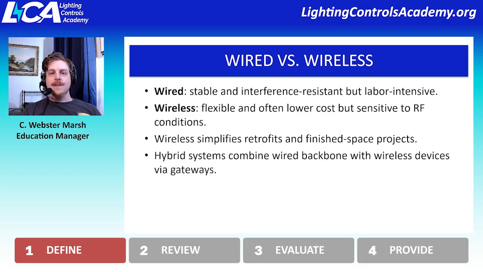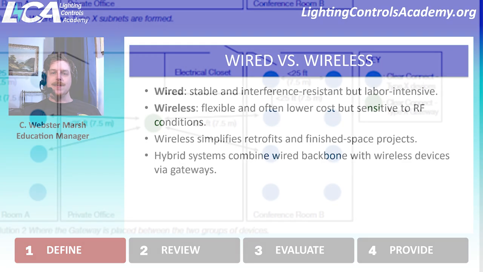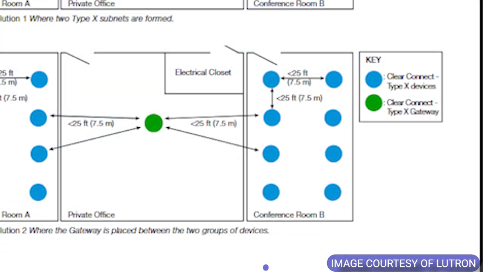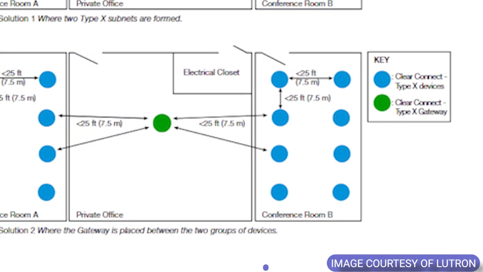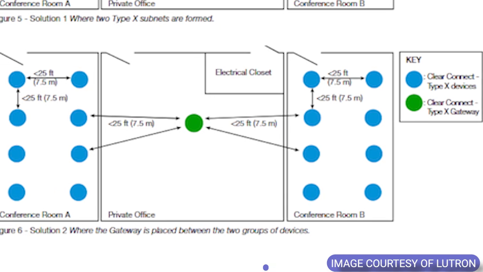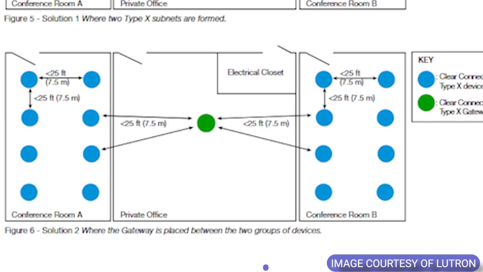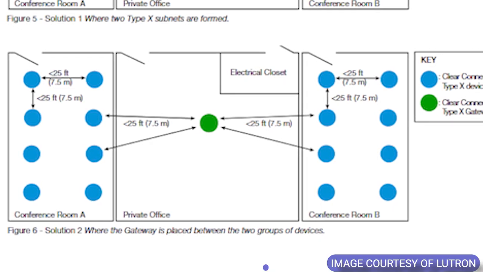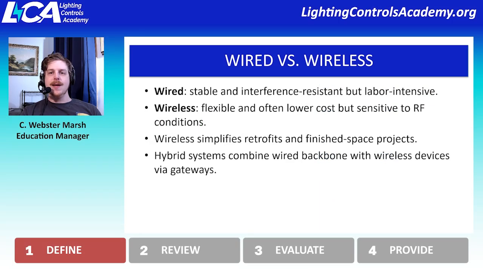Whereas it's oftentimes most recommended to consider using hybrid systems where we're combining both wired and wireless devices, oftentimes through a gateway of some kind. So you might have your corridor wired together on a wired system, and then you have adjunct spaces like a janitor's closet or back of house space of some kind, a restroom, that you don't necessarily need to have communicating back to the network the entire time, but you might still want to have that wireless capability, or vice versa.